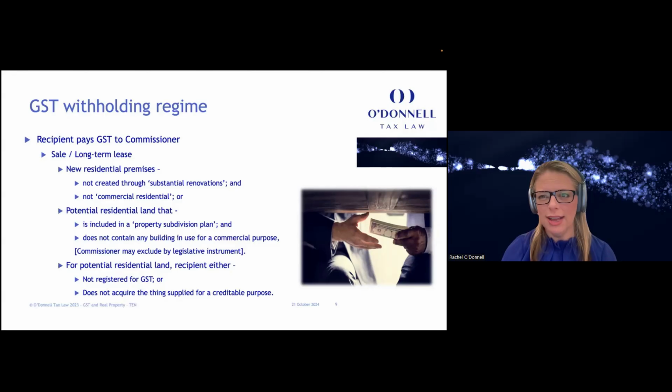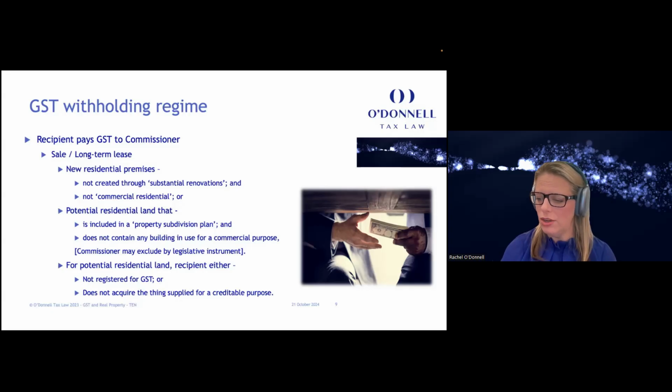So essentially, that's going to be your new builds that are subject to that provision, or land that is potential residential land, which is land that is permissible to use for residential purposes, but that does not contain any buildings that are residential premises. So essentially, that's vacant residential land.